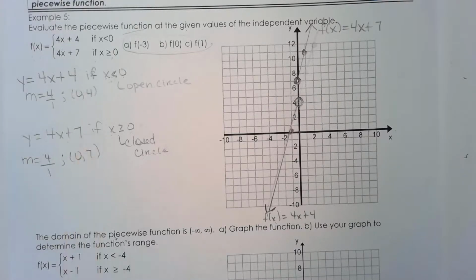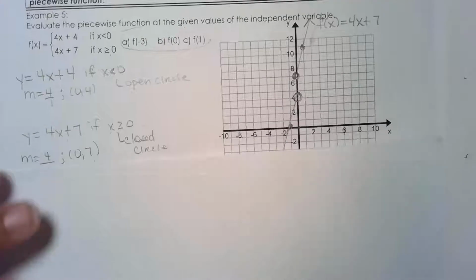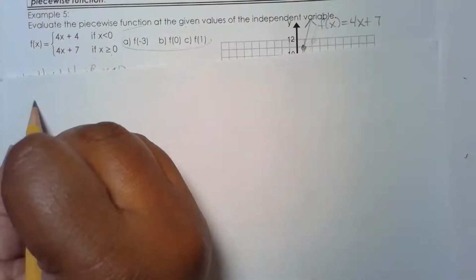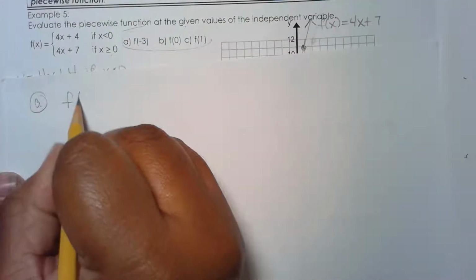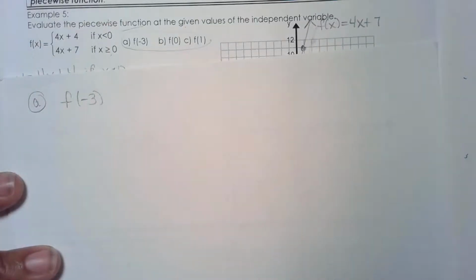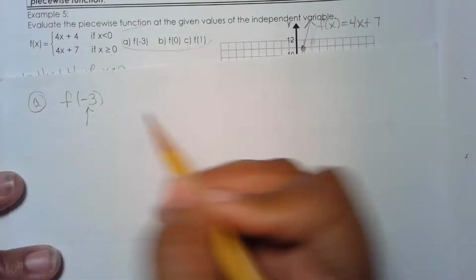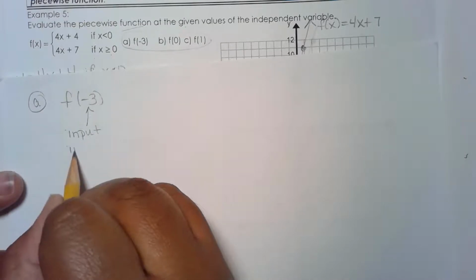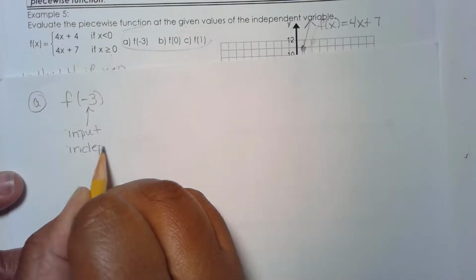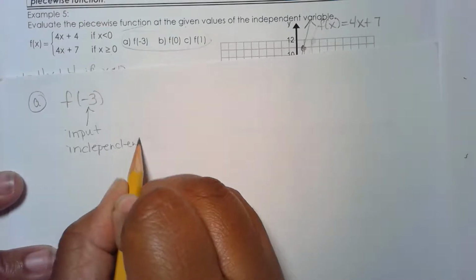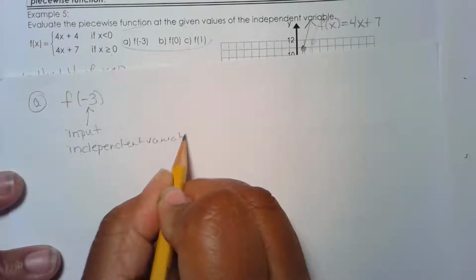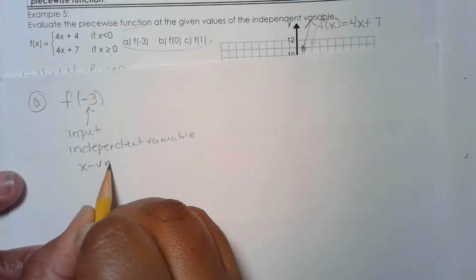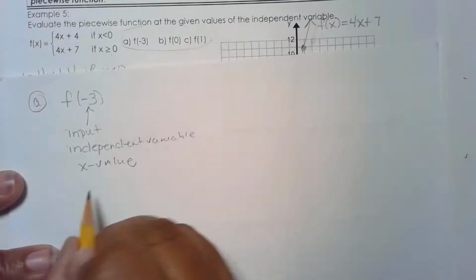It says here for our first example, find f of negative 3. Remember, this is our independent variable, or this is our input. This is our x value. Let's write this out: independent variable, our x value, our domain.